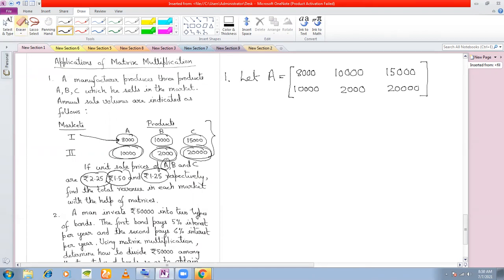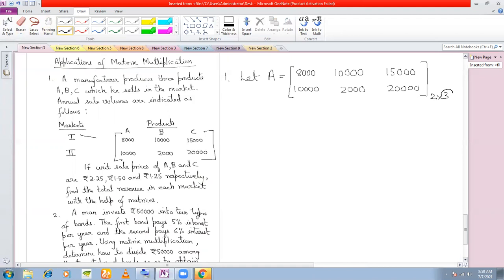I form a matrix out of this number of units that are given, right? Form a matrix out of this. So the rows indicate markets and the columns indicate the products of this matrix. Now, if you see what is the order of this matrix, it has 2 rows and 3 columns, right?